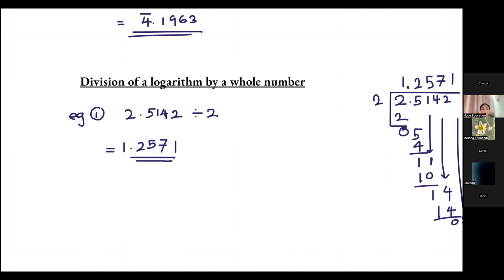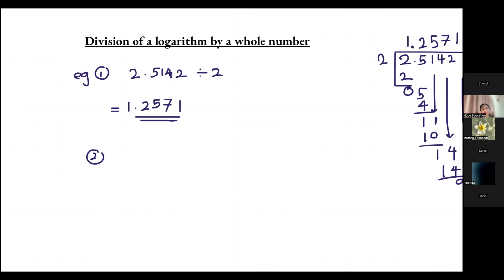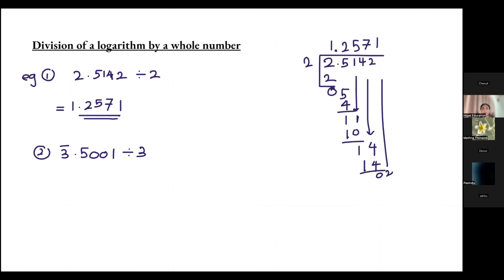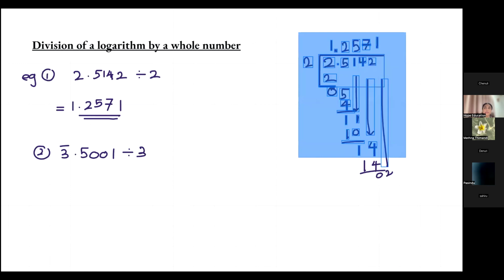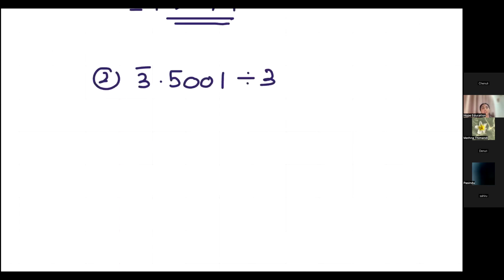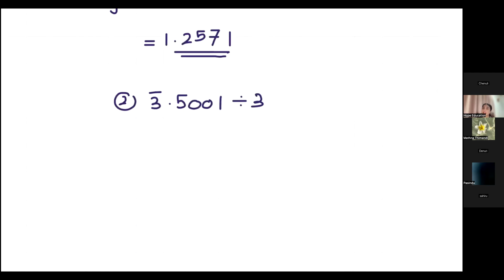Then example 2. Let's look at something slightly different. Bar 3.5001, you have to divide by 3. This is again not very difficult. What you do is you divide the characteristic separately and the mantissa separately.